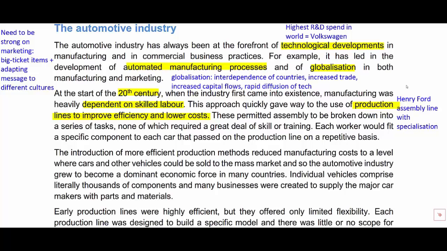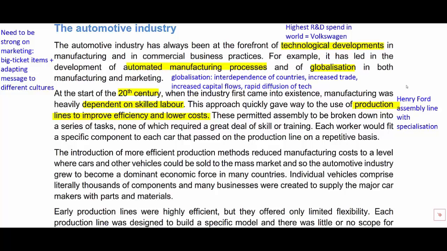People were set up along the assembly line, and they had one small task to focus on in a group of many different tasks, and they had to do that well. And there was, let's say, a learning curve effect. As they got better and better, the price and the cost per unit of each car made would come down. So that degree of specialization and that assembly line setup really lowered costs.